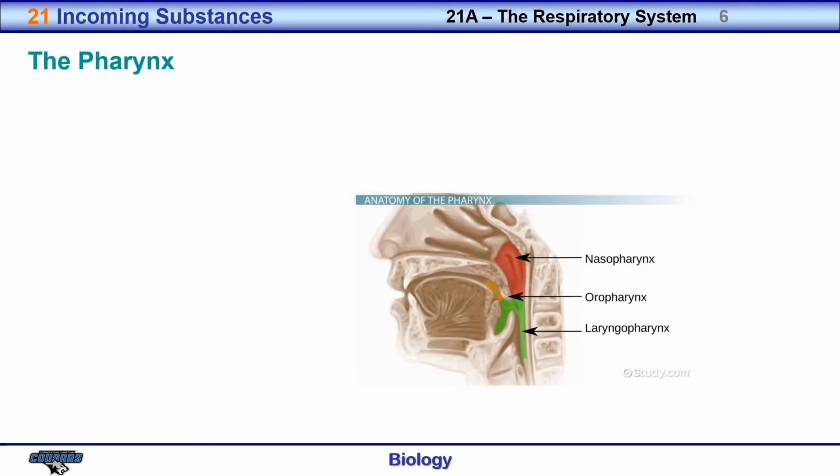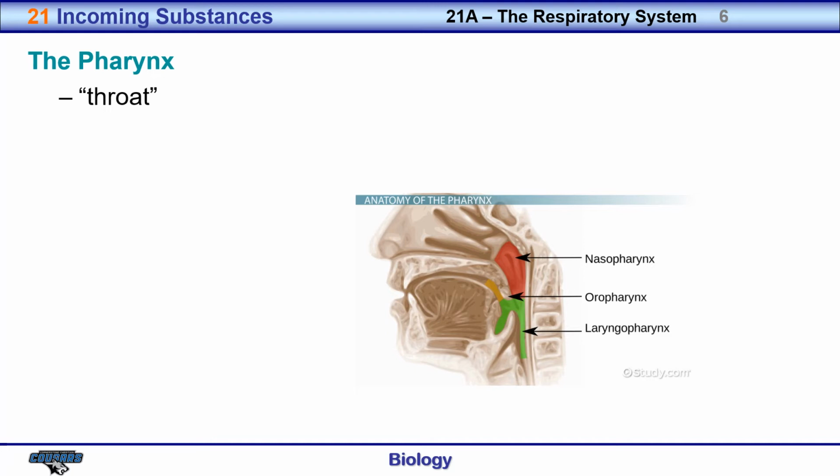The pharynx, commonly called your throat, is just a muscular tube, also lined with ciliated mucous membranes. The idea behind the cilia is that when mucus is produced, the cilia can move it away from the area that it may have too much of, like down to the throat or something like that.